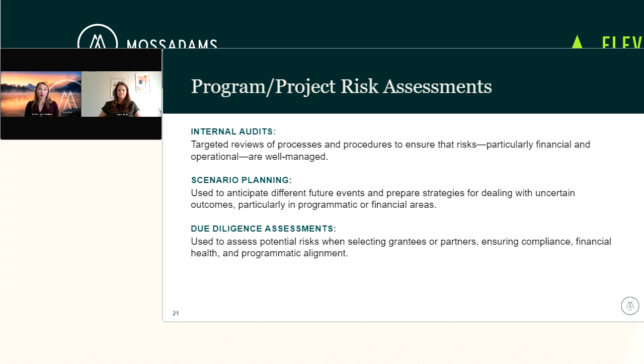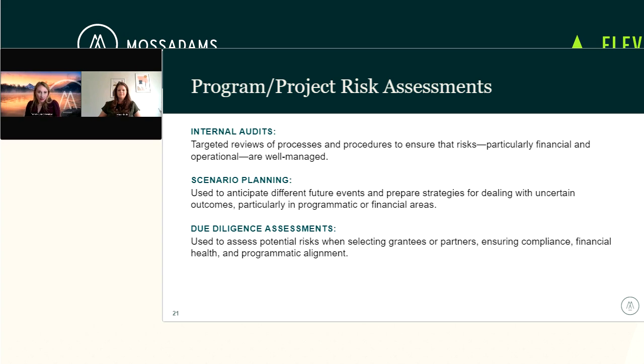For an example, an internal audit could reveal inefficiencies in our grant reporting processes. Well, that means that we can address those reporting processes before they escalate into larger issues with our funders.